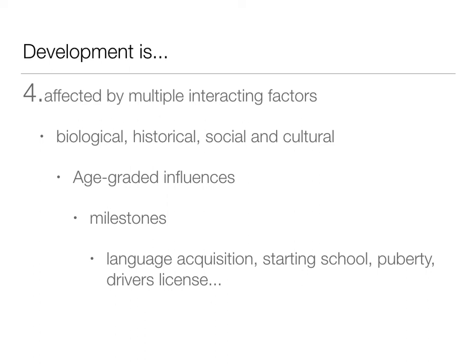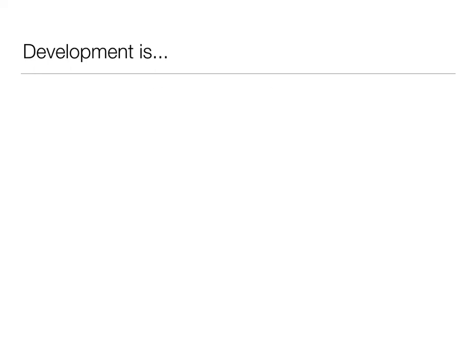So it's an age-graded influence. You get your driver's license at 16. You can get your permit at 15. Those are age-graded influences. Language acquisition, typically we see really a good language immersion around 2, sometimes before that, but we really are getting lots and lots of words in at around 2.